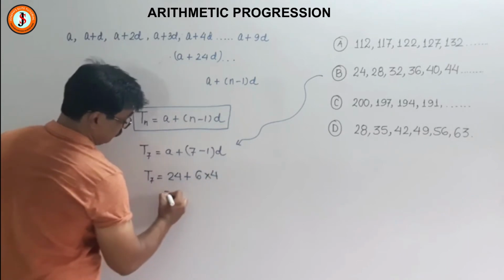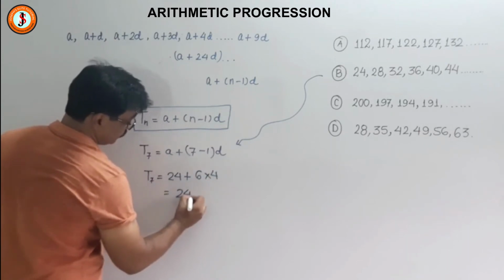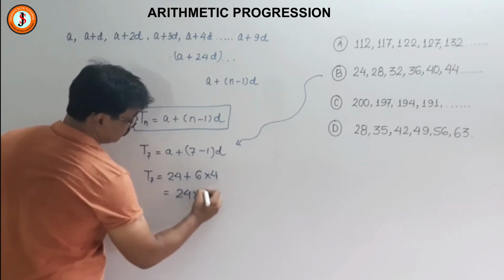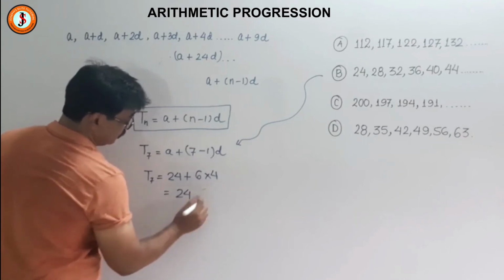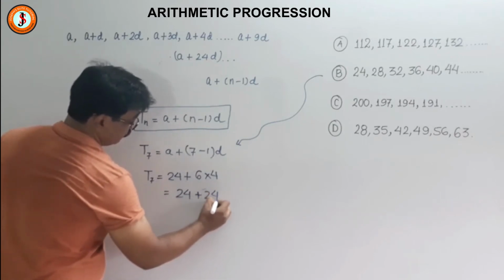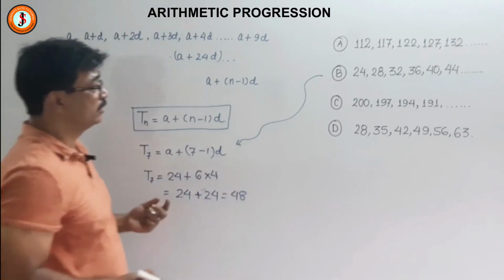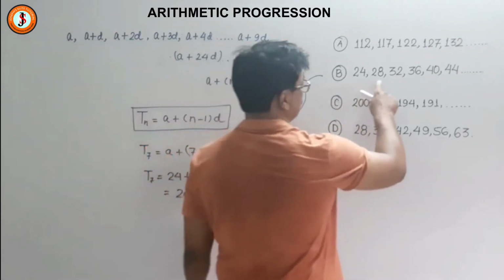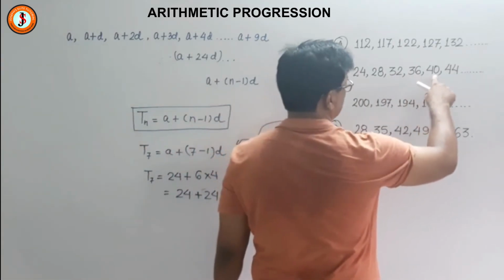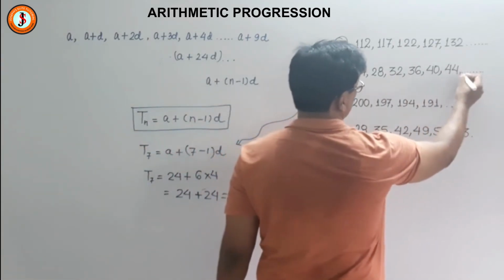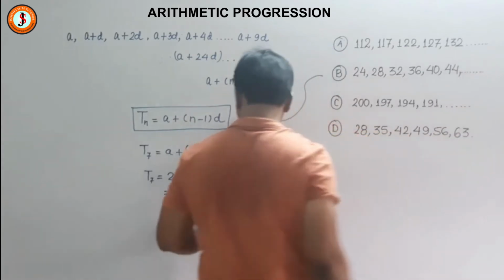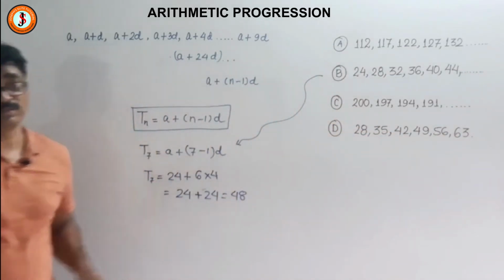So 24 plus 6 fours, which is 24, equals 48. So the seventh term is 48. Let us check by writing the first, second, third, up to the seventh term, adding 4 each time. It will be 48, so our answer matches.